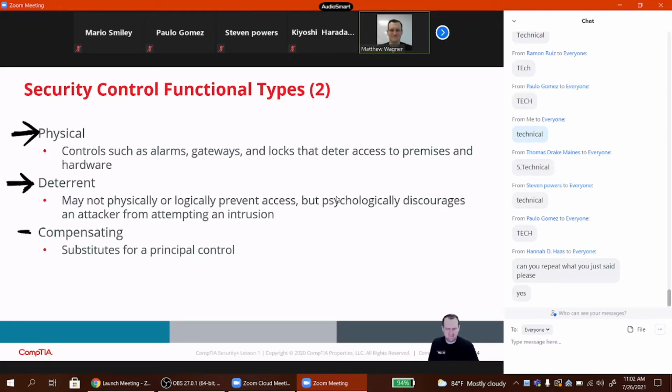They psychologically discourage someone from performing X, Y, or Z. For example, what about a sign that says, if you cross this line, you will be shot? Like at the front gate of Area 51. Big old sign that says, trespassers will be shot. That's a pretty powerful deterrent, man. Most powerful deterrent is the threat of bodily harm.